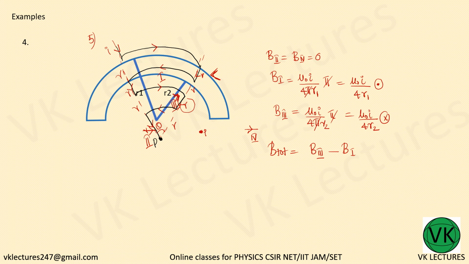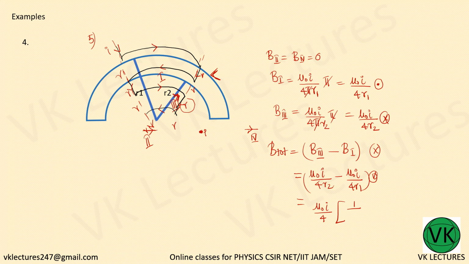As we have taken the third portion here, it is in clockwise direction, and subtracting the other term, taken as clockwise, which is equal to mu 0 I divided by 4 r2 minus mu 0 I divided by 4 r1 in the clockwise direction, which is equal to mu 0 I divided by 4 into 1 by r2 minus 1 by r1 in the clockwise direction.